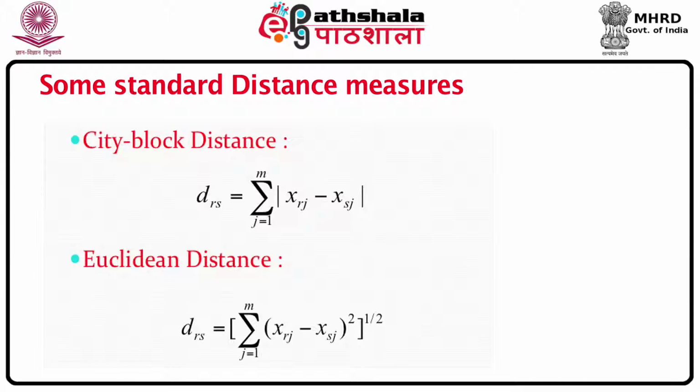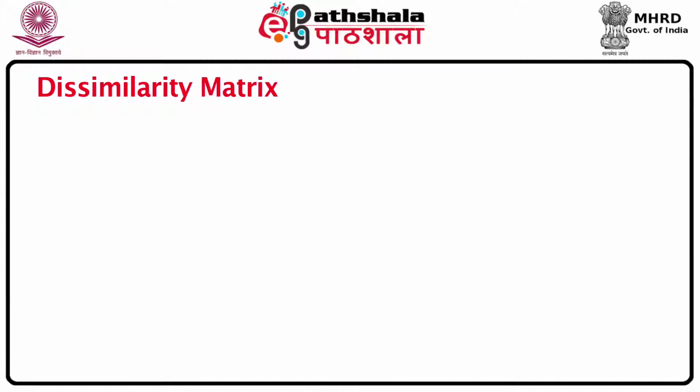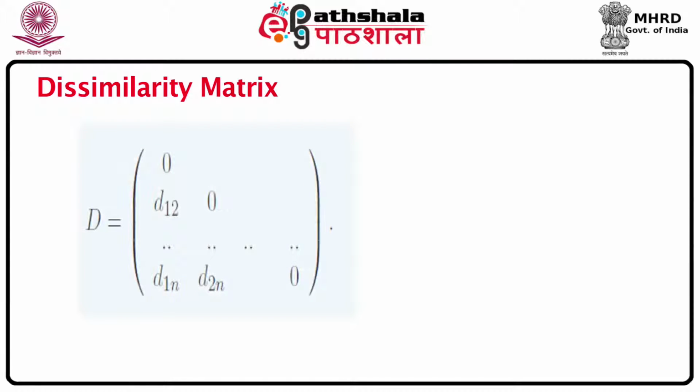Now, having defined the type of distance we will look at, we form what is referred to as a dissimilarity matrix. If you look at this matrix D here, you will find that the diagonals are 0 because the diagonals are the distance between the individual and his own self. So the first element D11 is the distance between the first individual and himself and hence is 0.